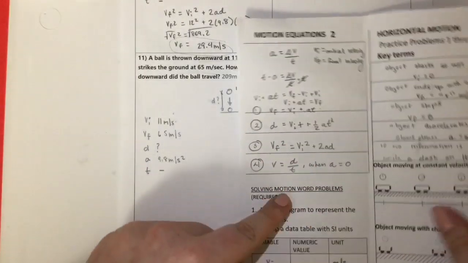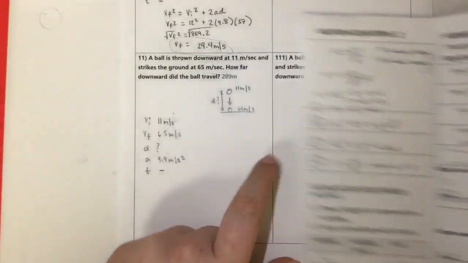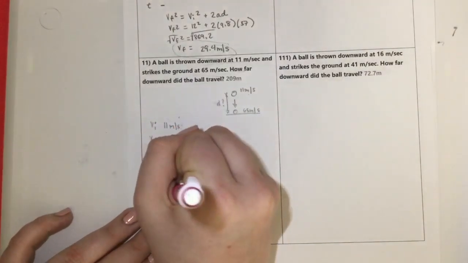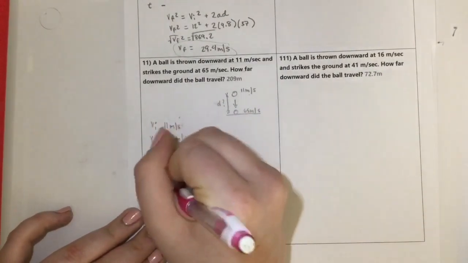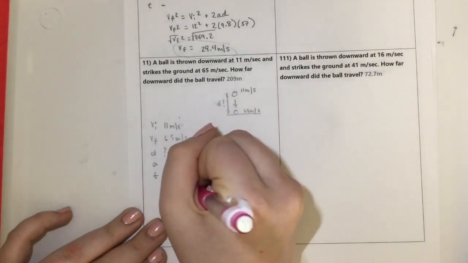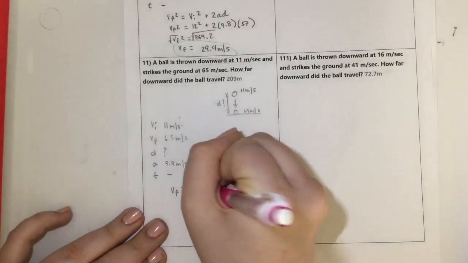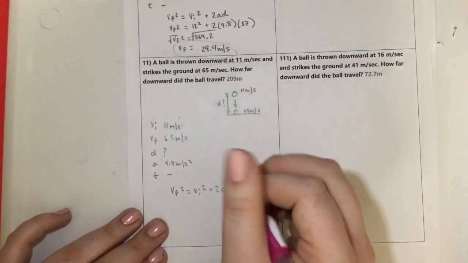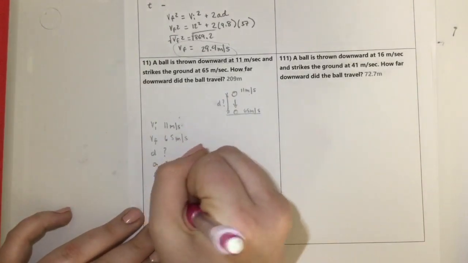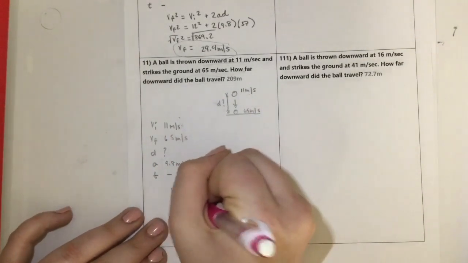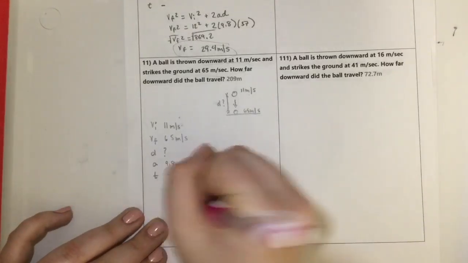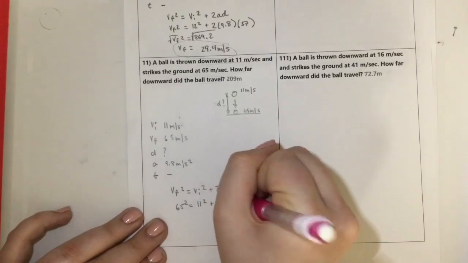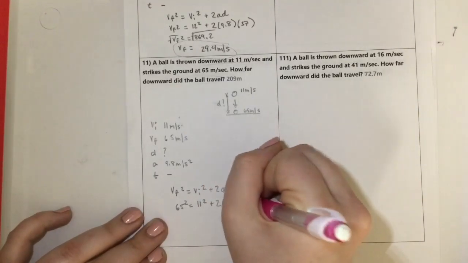So our answer is going to be motion equation number 3: the final velocity squared equals the initial velocity squared plus 2 times the acceleration times the distance. Okay, so our final velocity is 65, the initial velocity is 11 squared, plus 2 times the acceleration times the distance, which is our unknown.